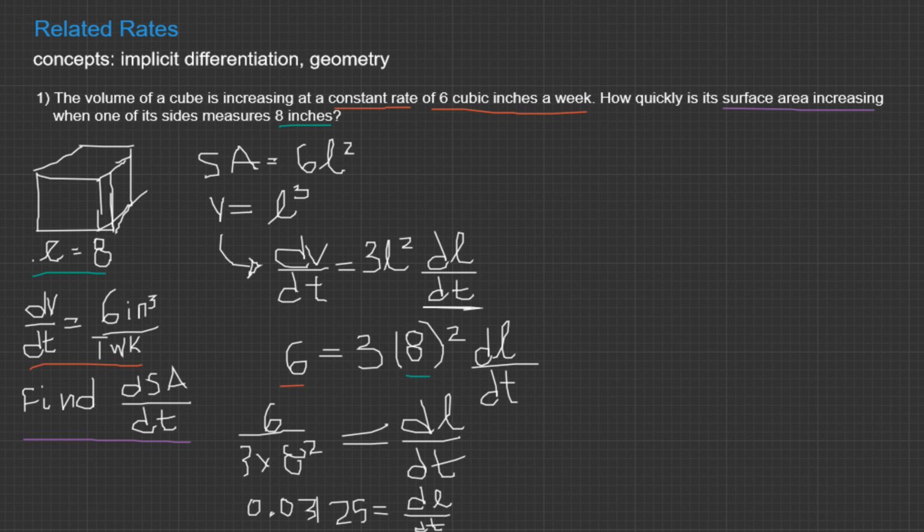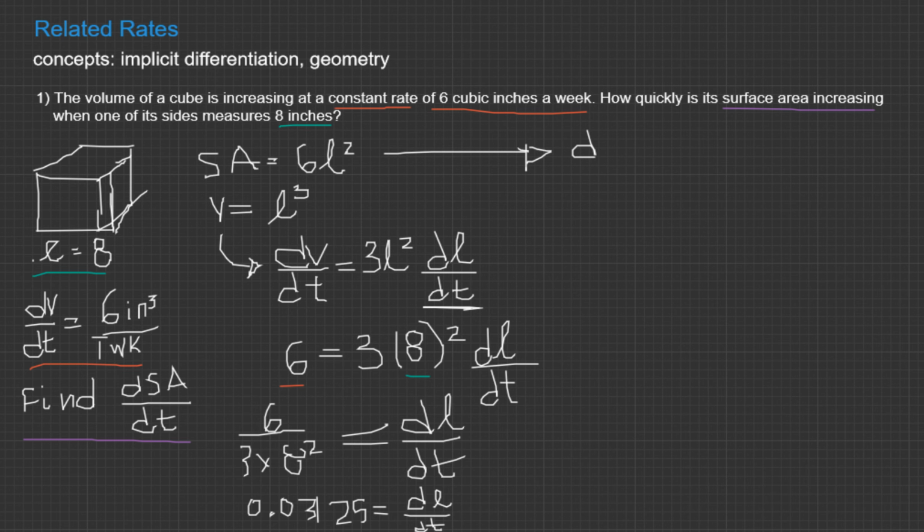All right, so that's as far as I can take this chunk of the problem, but we've still got this surface area, and since we're looking for the surface area increasing, it would be a good idea to differentiate this top formula and be able to get that rate. So I'm going to take that over here, and I'm going to differentiate this equation as well.